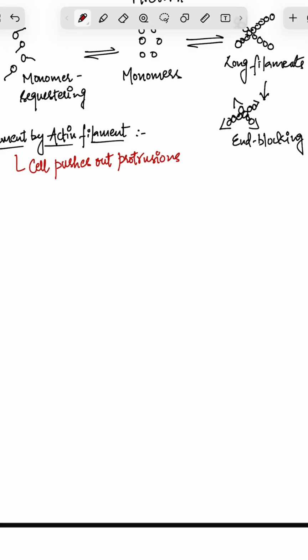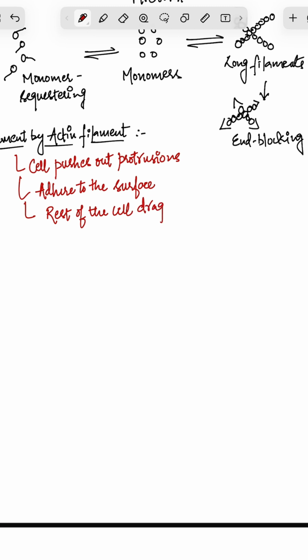So basically a protrusion of the leading edge is made of actin filaments, then adhesion at the leading edge is done, and the body itself drags and aligns on the anchorage points.